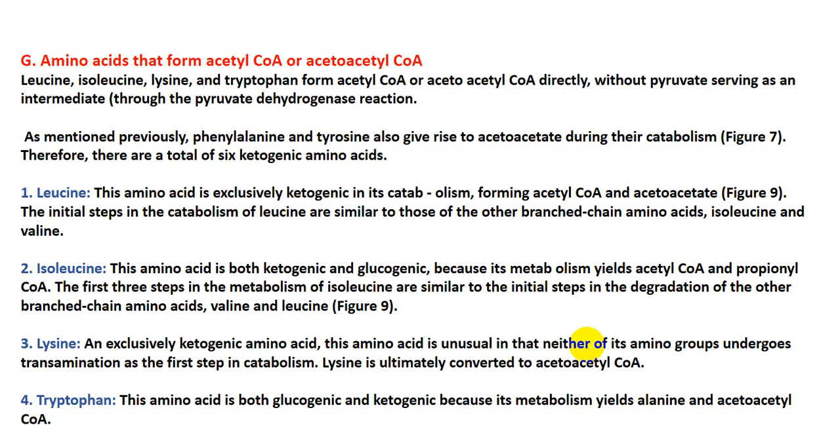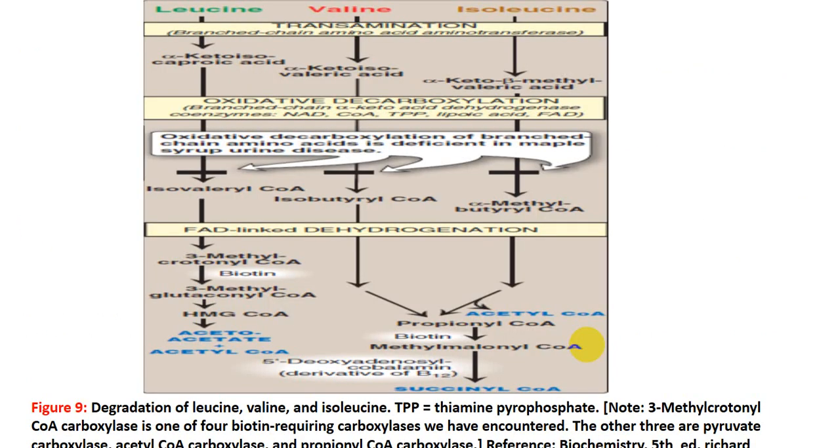Now, catabolism of the branched-chain amino acids: isoleucine, valine, and leucine. These are essential amino acids and branched-chain amino acids. These three amino acids are converted to alpha-keto acids by removal of the amino group by a transamination reaction in the presence of an aminotransferase enzyme. This reaction requires vitamin B6.